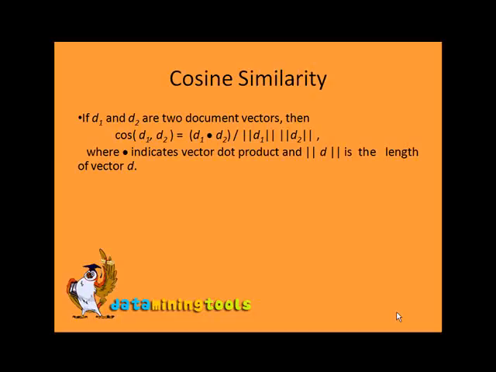Cosine similarity. Suppose D1 and D2 are two document vectors, then cosine similarity of D1 and D2 is given by the vector product of D1 and D2 divided by the length of D1 into length of D2.